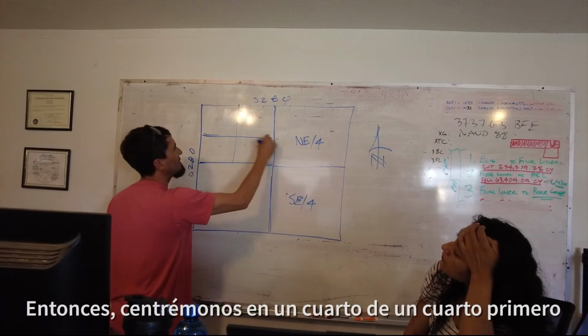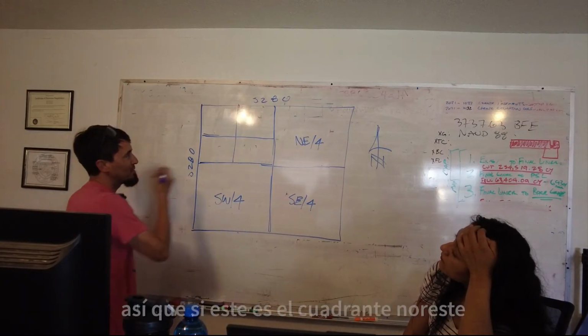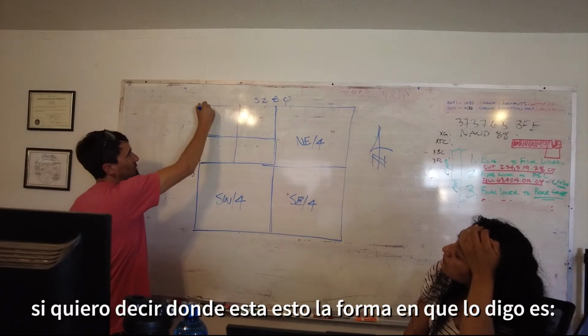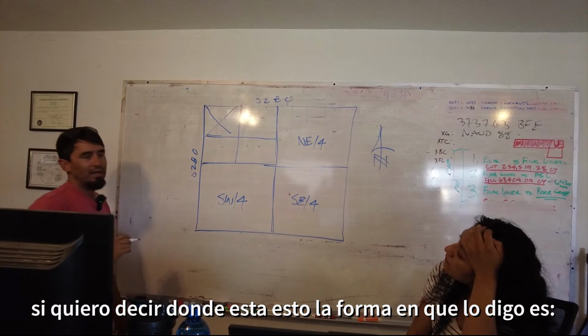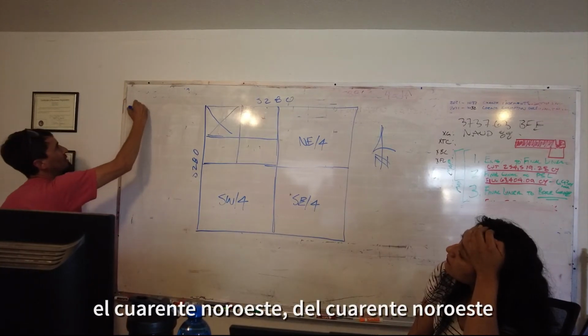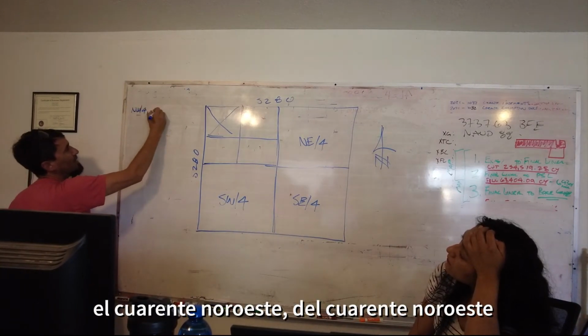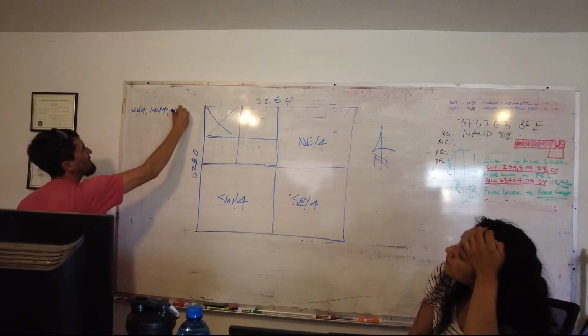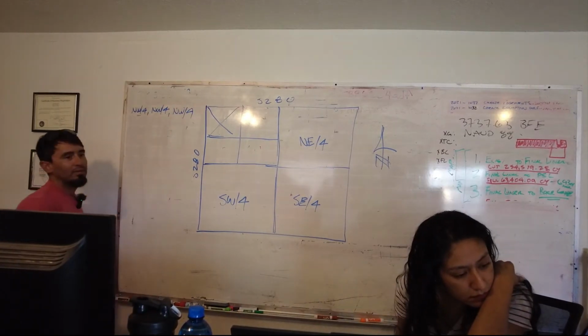So let's focus on a quarter first. So if this is the northwest quarter, if I want to say where this is, the way I say it is the northwest quarter of the northwest quarter.